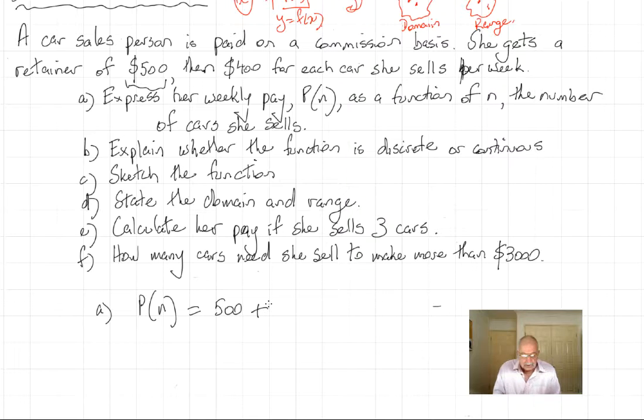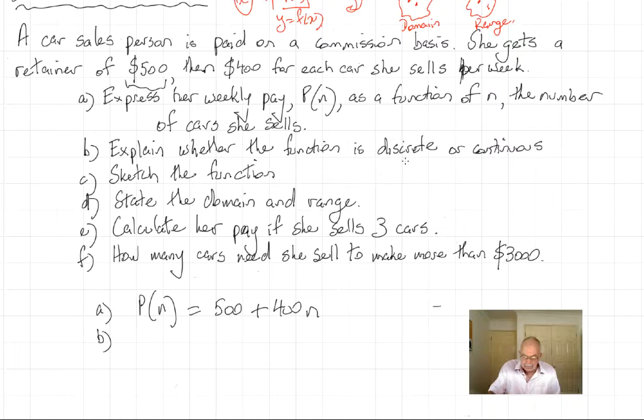Plus she gets 400 for each car she sells, so 400 times n is simply 400n. So there's our function for her weekly pay. This would be an answer in dollars. n is the number of cars that she sells, and P of n will be the amount of money she makes each week.